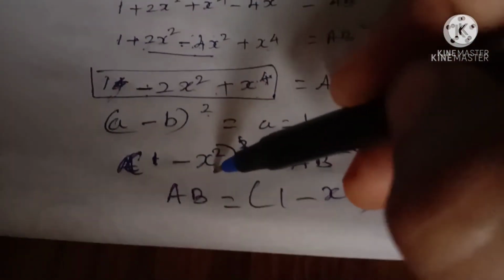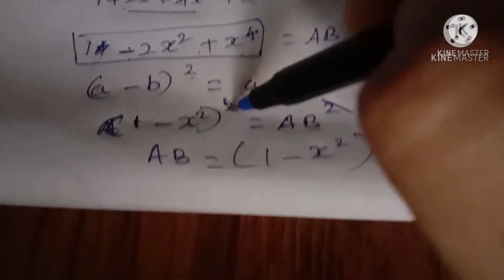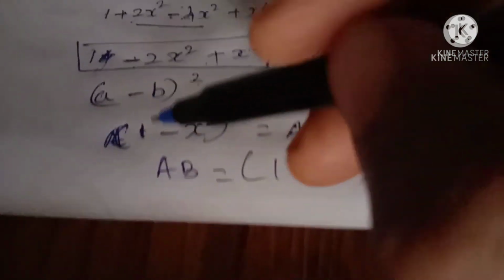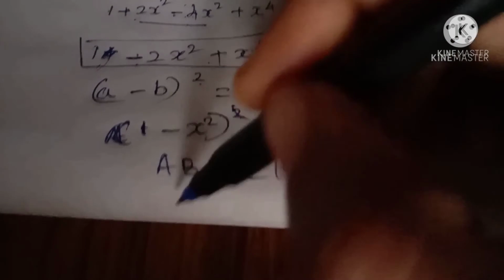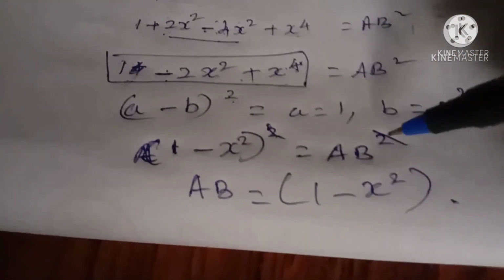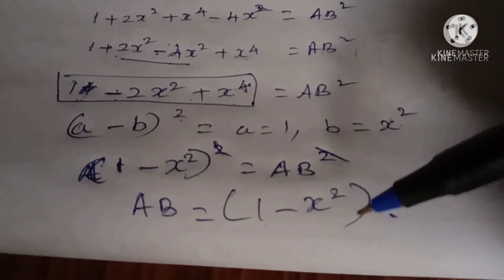Therefore 1 minus x square the whole square. AB square is equal to 1 minus x square the whole square. Now we need the value of AB. If you cancel the square, you get 1 minus x square. Therefore opposite side is 1 minus x square.